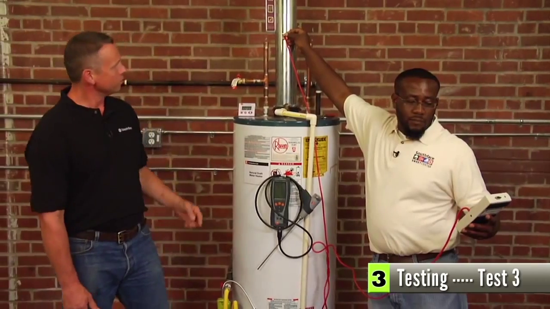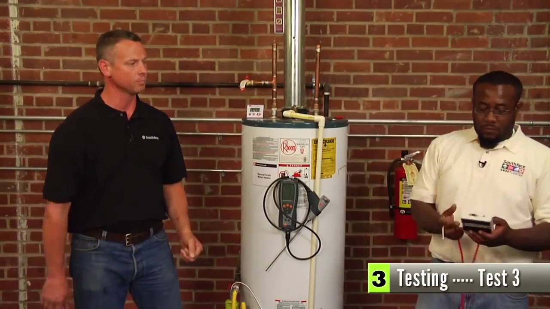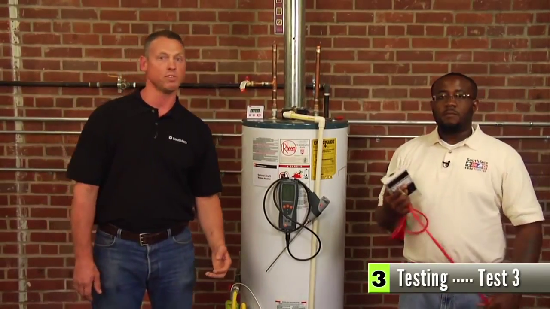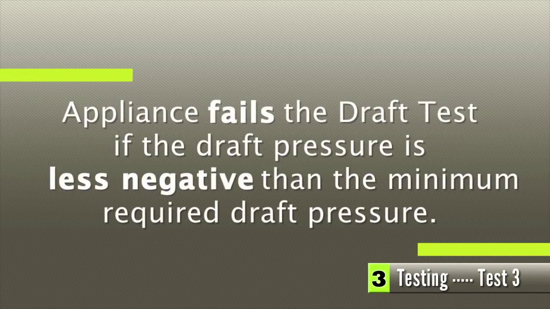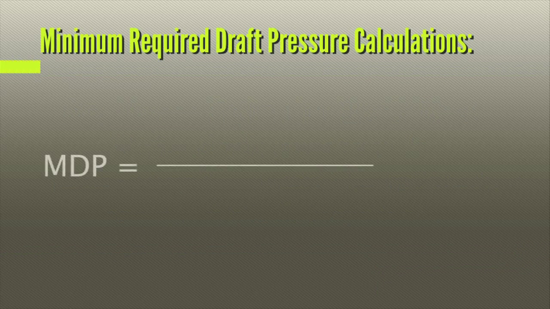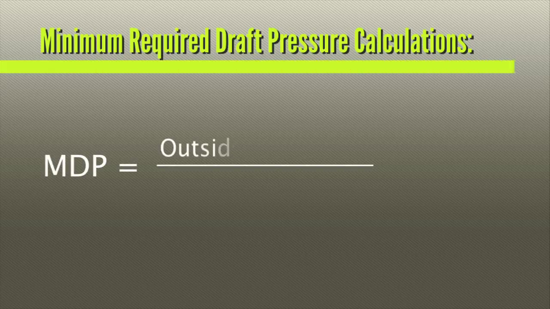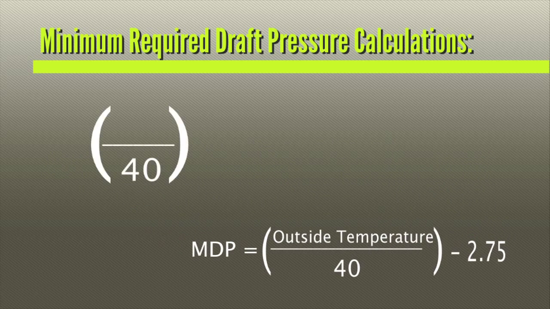Okay, -1.7 is the pressure. We'll record that. And then we need a couple of bits of information to find out whether it passed the test or not. We're going to use our formula that says outside temperature divided by 40 minus 2.75 is the minimum required draft pressure. Our temperature outside was 83 degrees.